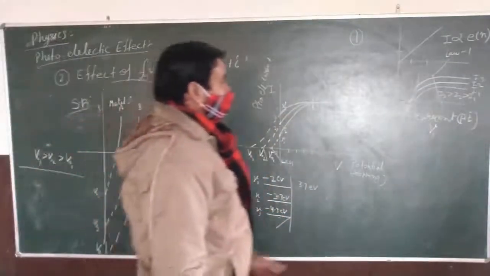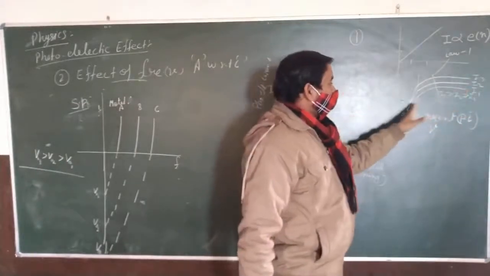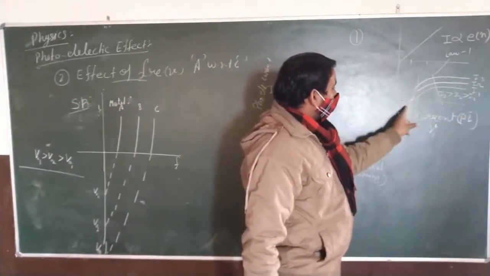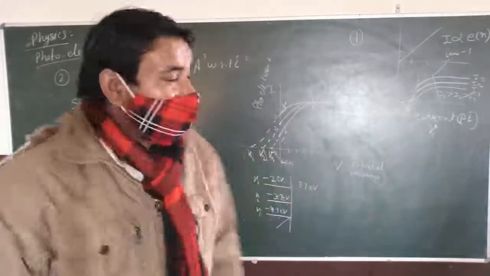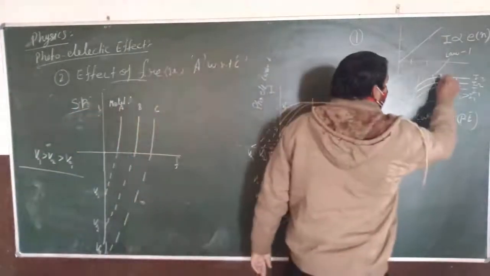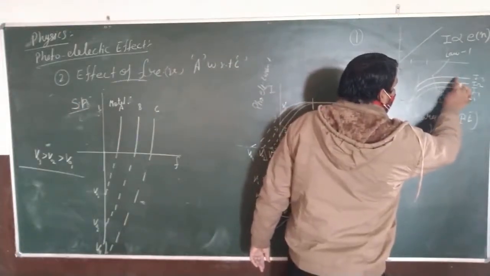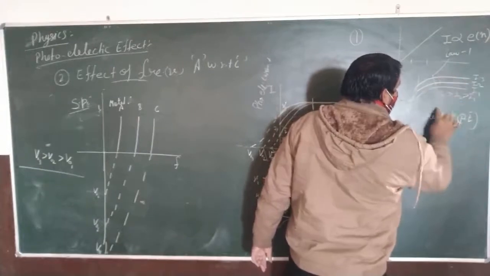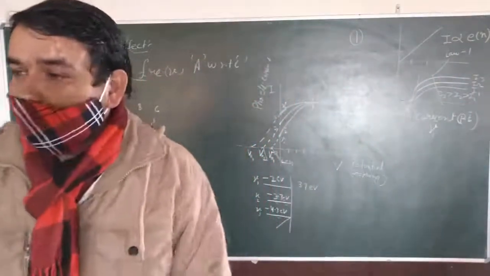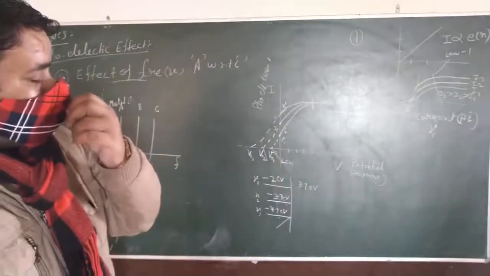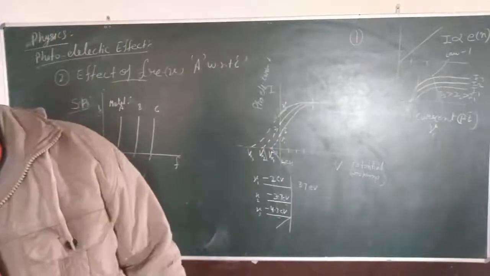And second, for different light intensities, the photoelectric current emits electrons with the same stopping potential. The point from where the curve is parallel to the potential axis is called the saturation current, the stage at which the photoelectric current is saturated.